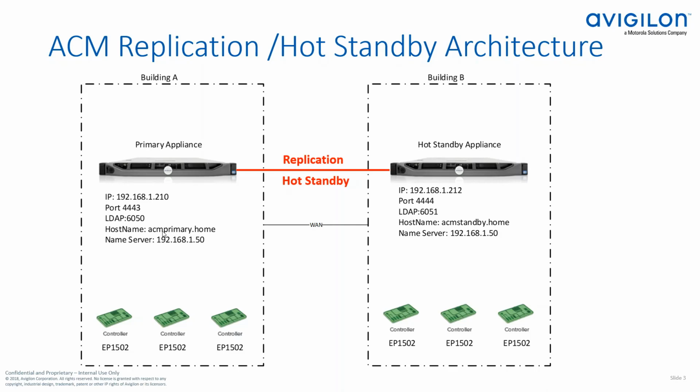Very, very important. You need to have a DNS server configured, and that DNS server needs to have the name for this server. So you need to have the reference so the appliances can talk between each other. In the replication, it is required to have a DNS server.